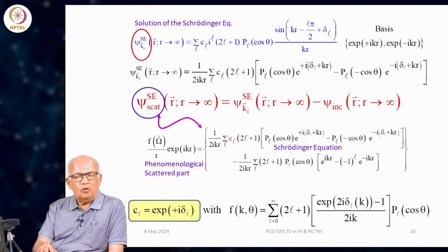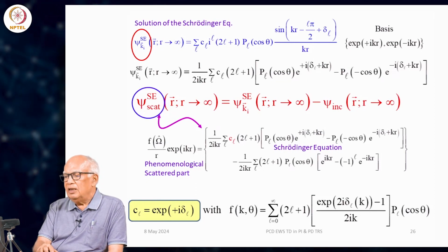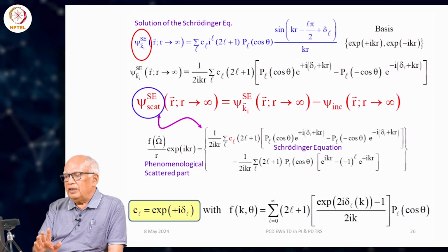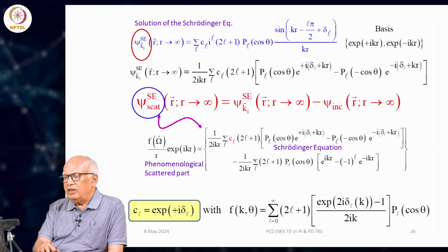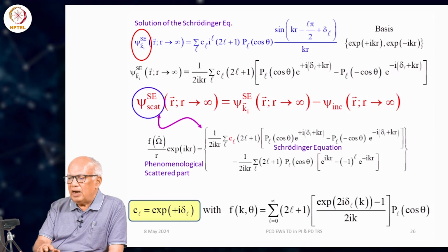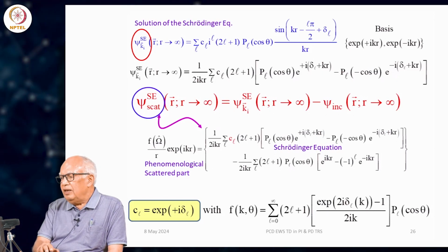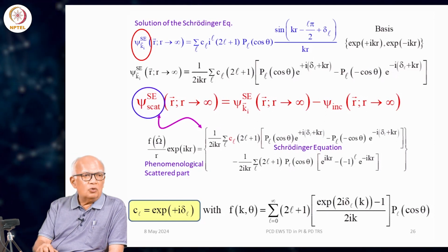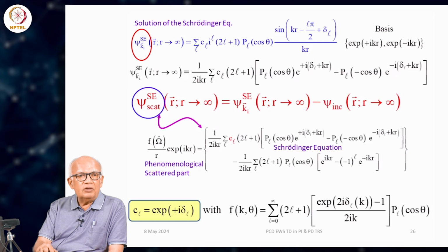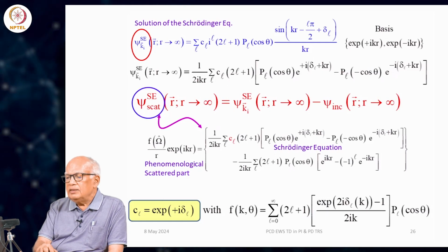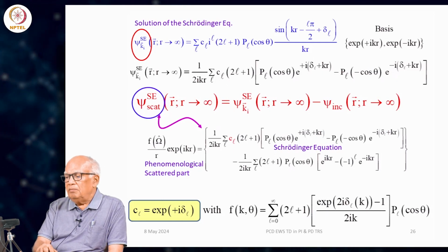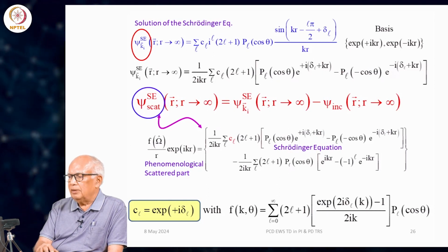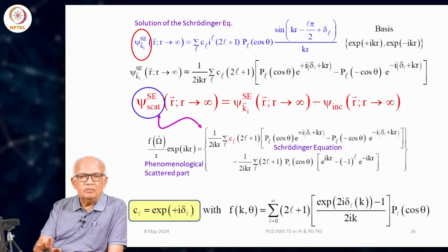The left hand side has only e to the ikr. So, everything which has e to the minus ikr on the right hand side must go to 0 by an appropriate choice of the coefficient CL.